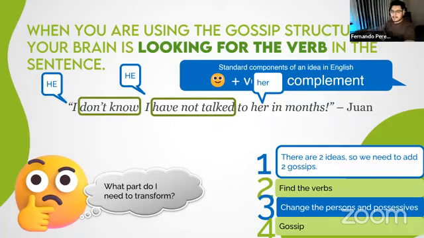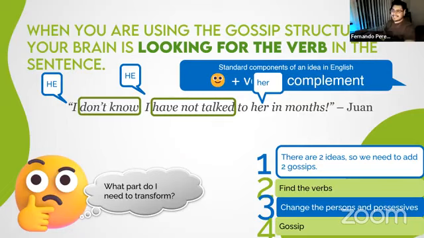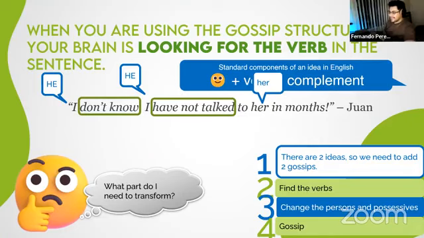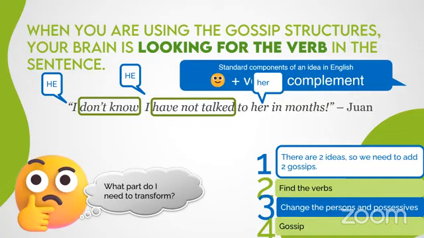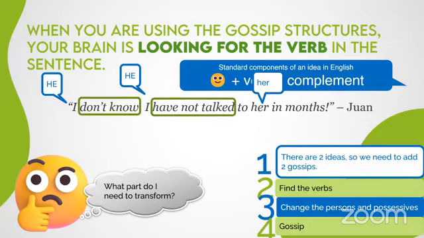How do you know he's speaking to her? There's no listener. Only Juan said. Exactly. Much better. Continue. Juan said that he don't know. He had not told to her in months.